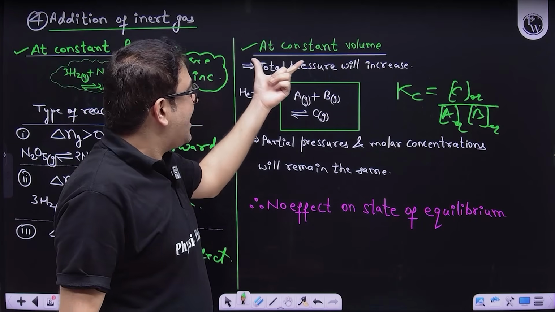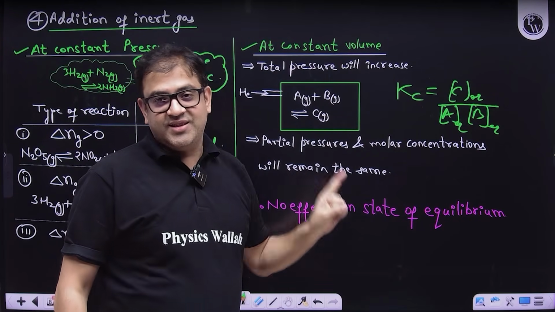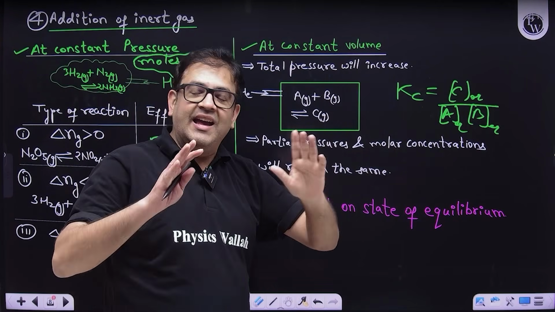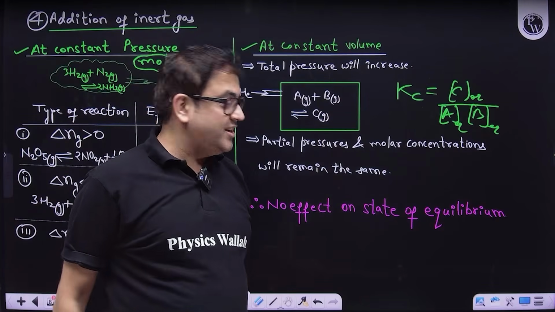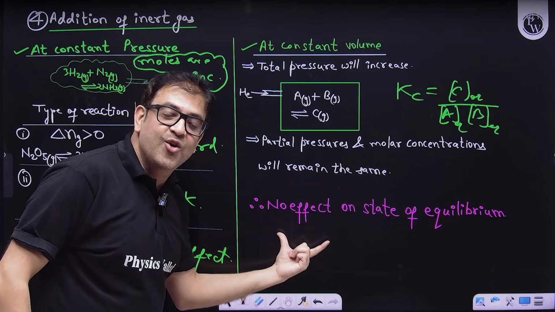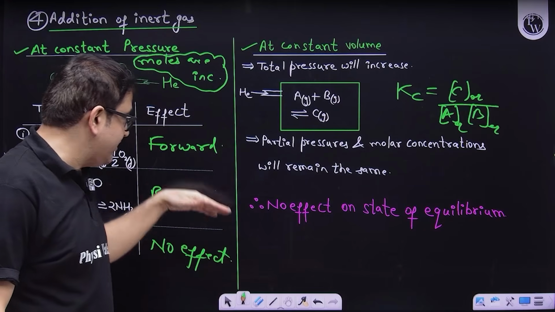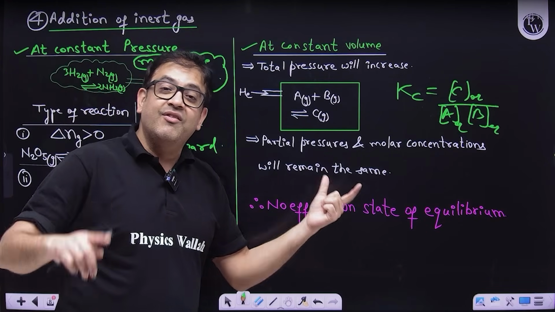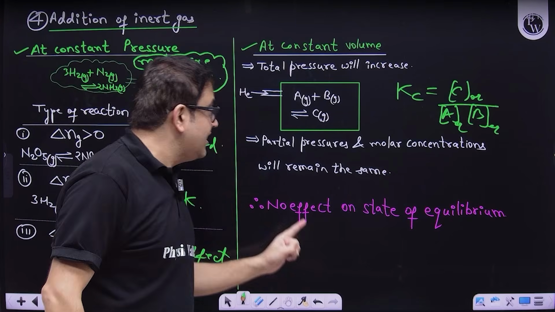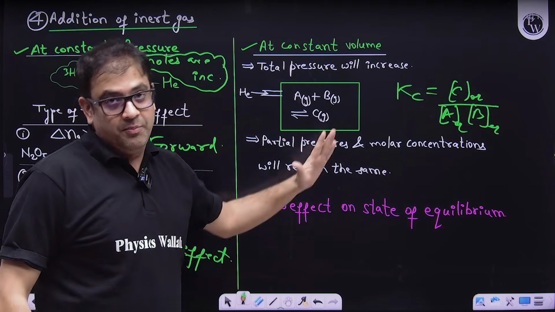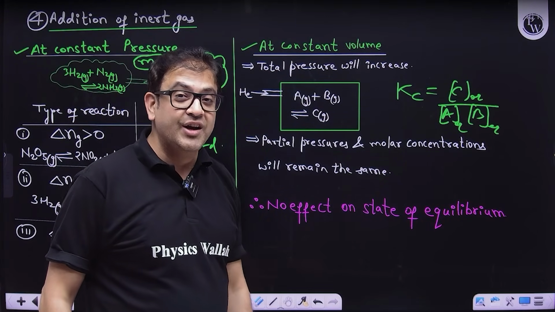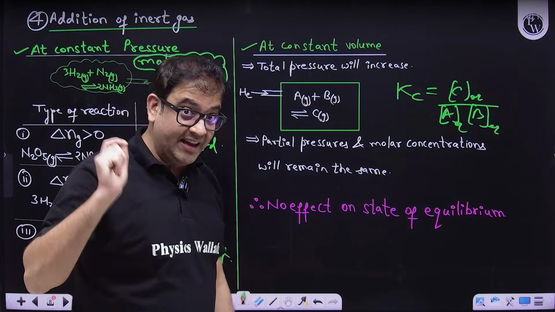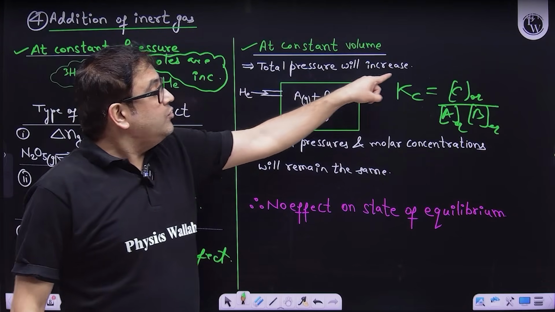So when you add inert gas at constant volume, whatever type of reaction it is, it will have no effect on the state of equilibrium. Even if delta Ng is positive, negative or zero, there is no impact on the state of equilibrium.